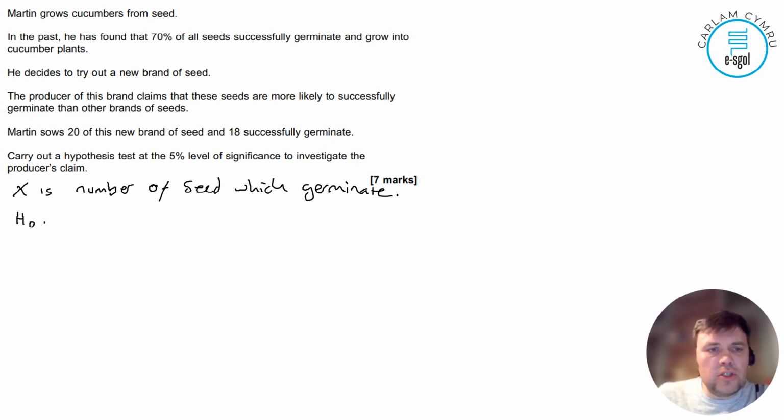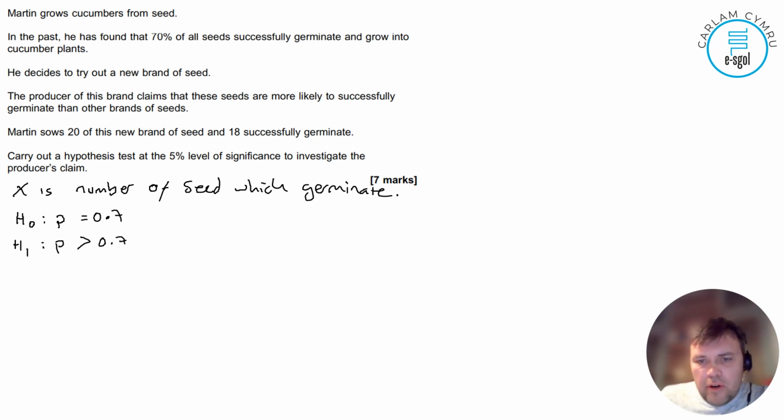So your H0 is saying that the probability is equal to 0.7, because that's a bit of information you were told here: 70% of the seeds successfully germinate and grow into cucumber plants. Your alternative hypothesis, H1, is stating that actually the probability is greater or better than that, so it would be greater than 0.7.